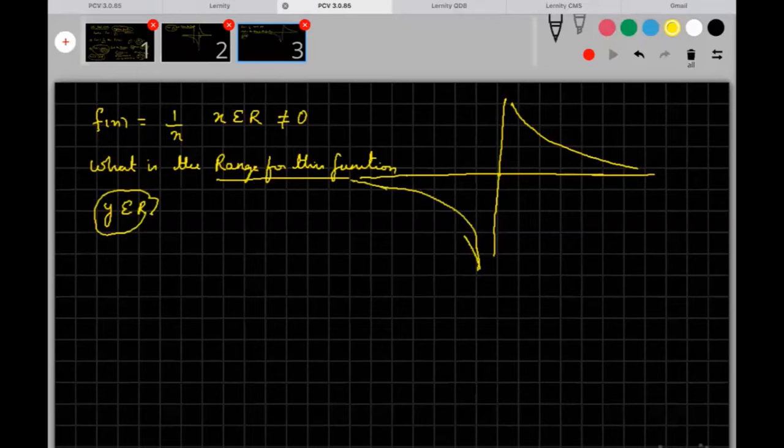Now if you look at it, this side and this side look symmetric. If you place a mirror here, these two look symmetric. Such functions are said to be even functions.